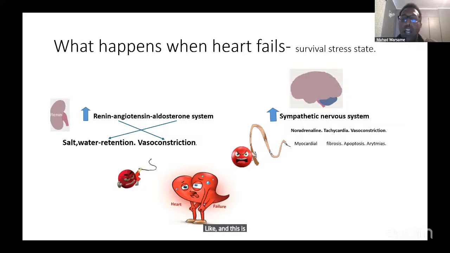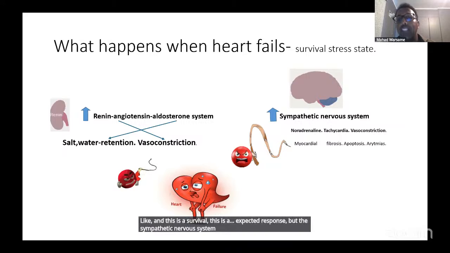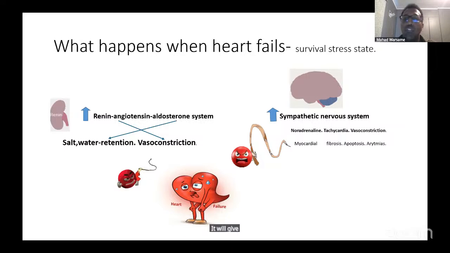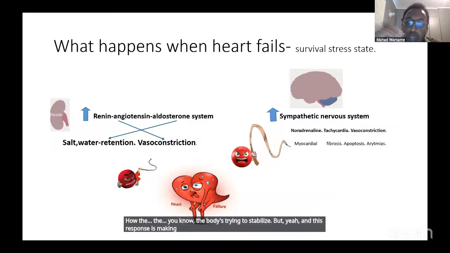This is the expected response because the sympathetic nervous system is activated. It will give you tachycardia, it will give you vasoconstriction, it will increase hormones like noradrenaline. The body is trying to stabilize, but this response is making the heart worse.